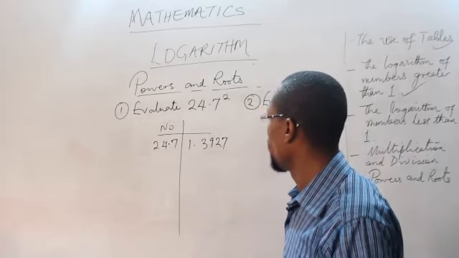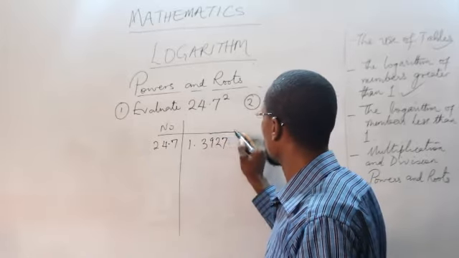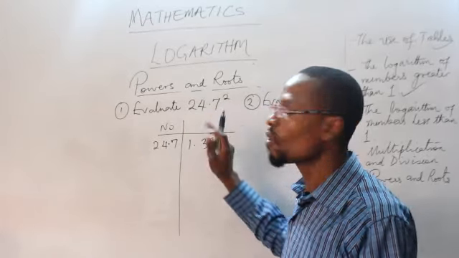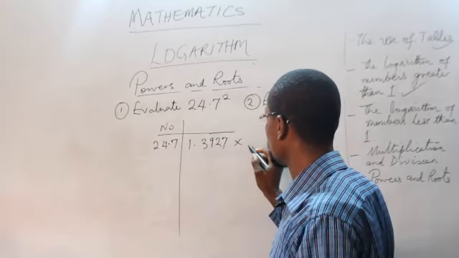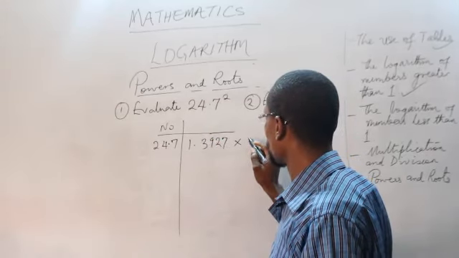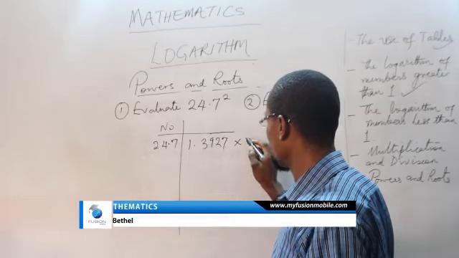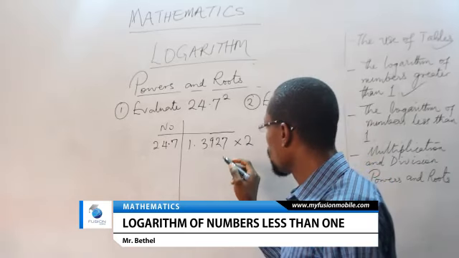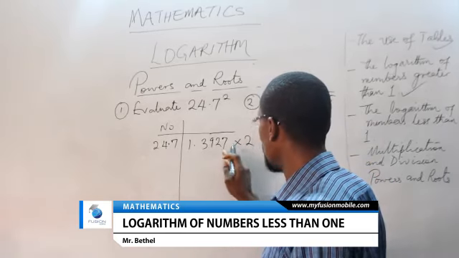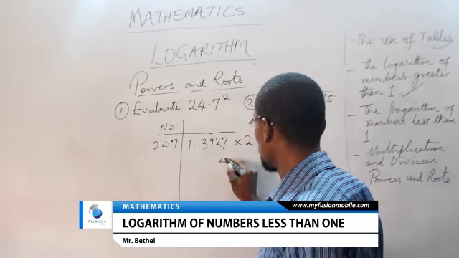Now, because we said in the case of power, you multiply, you multiply all of these by 2. When we multiply this by 2, 2 times 7 will give us 14.